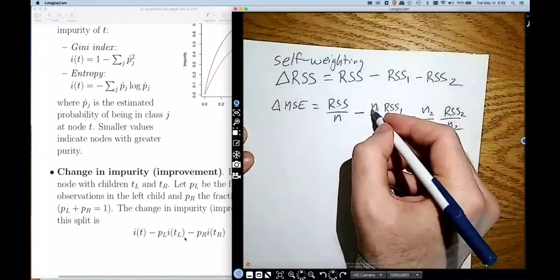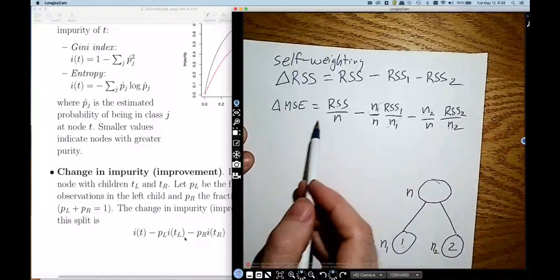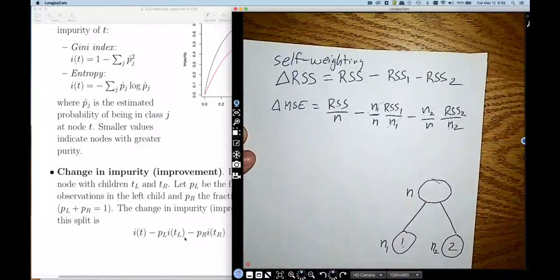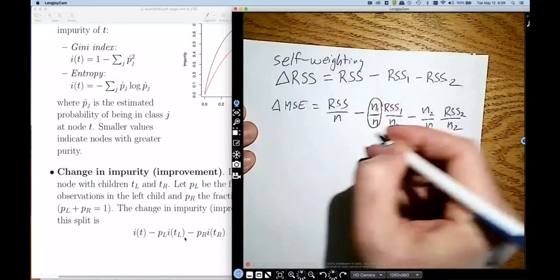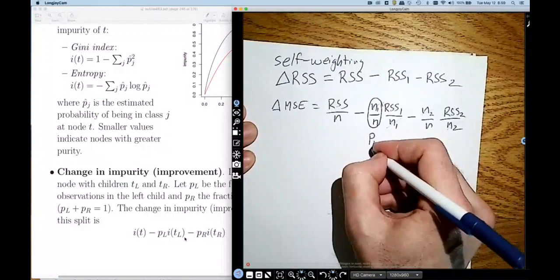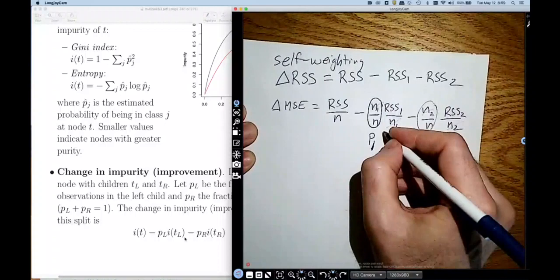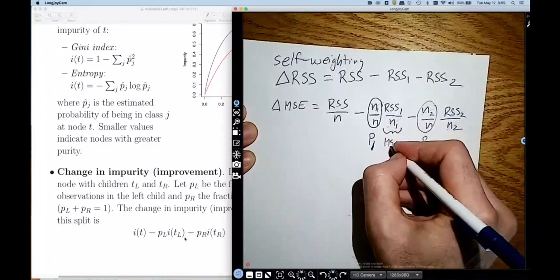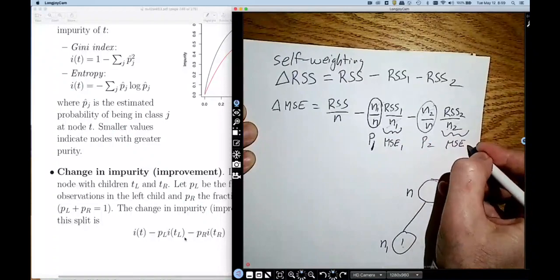Notice these two things would cross out, and basically I have everything divided by n. But what I have here is my fraction of cases on the left, so let's call that P1, and what I have here is P2. This is going to be the mean squared error in my node 1. This is going to be the mean squared error of node 2.